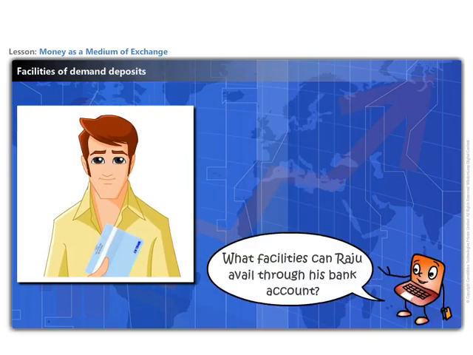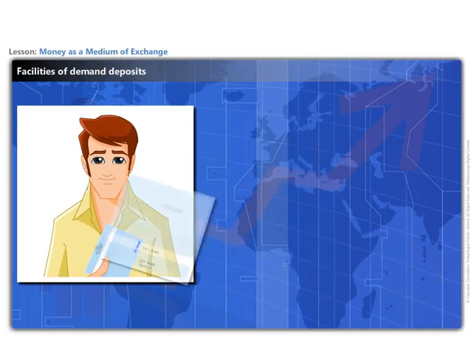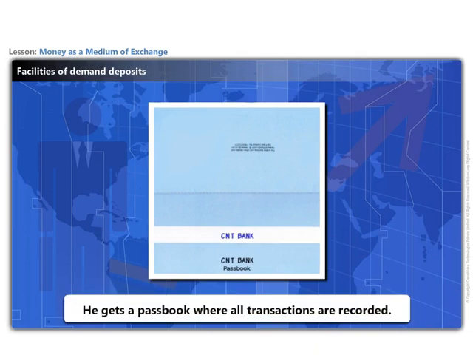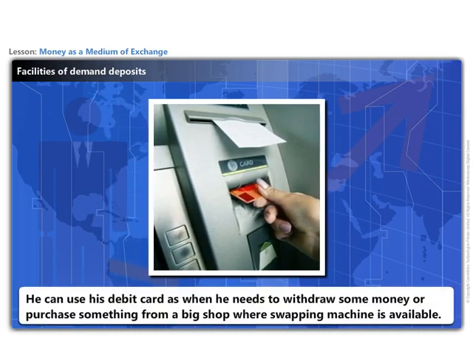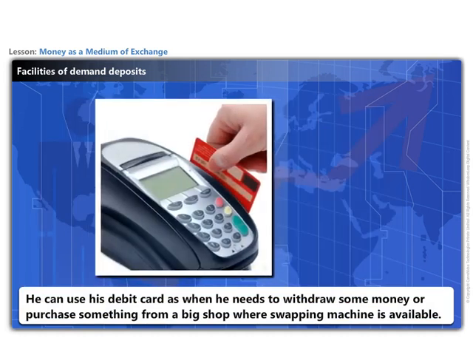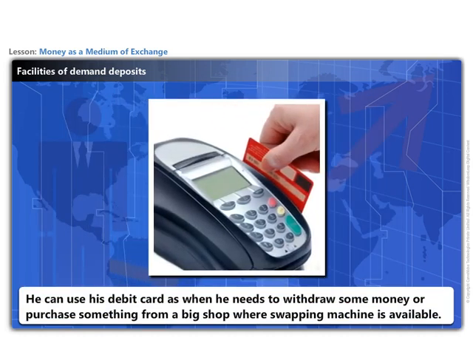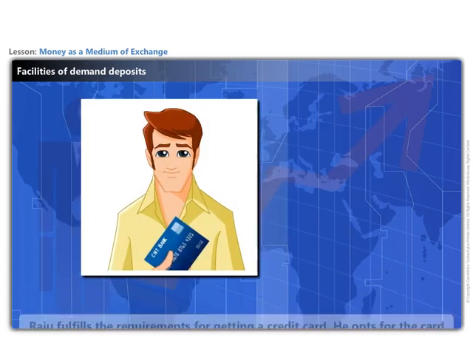What facilities can Raju avail through his bank account? He will get a passbook where all transactions are recorded. If he opts for a debit card, then he can use it as and when he needs to withdraw some money from an ATM or purchase something from a big shop where a swiping machine is available.